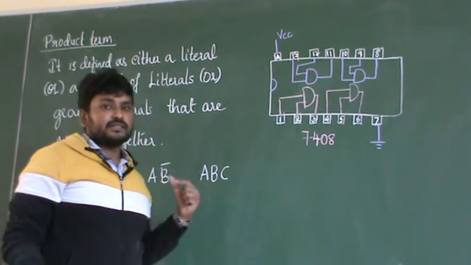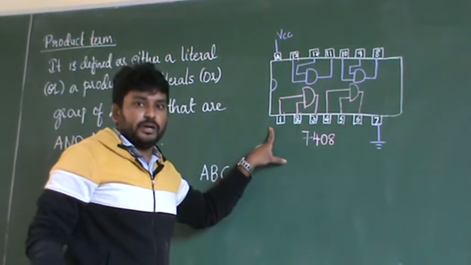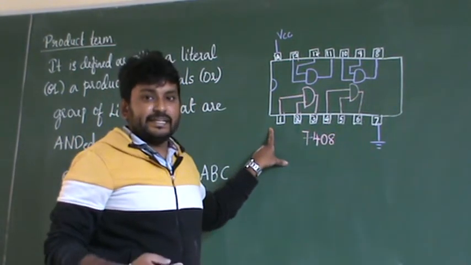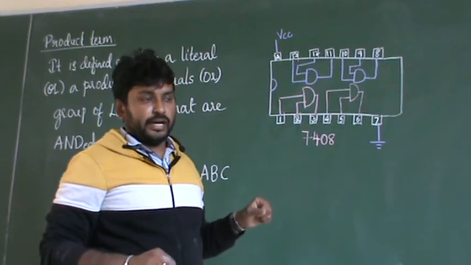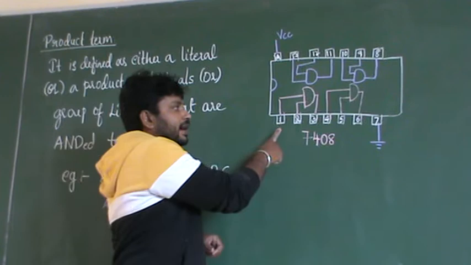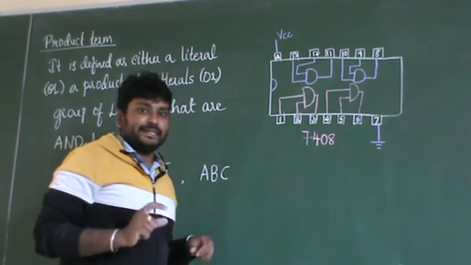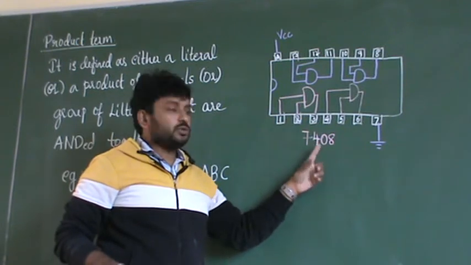So now we were discussing AND. Again I have written it because many of you may not have understood when I wrote it in Paint. I explained the basic gates using a Paint window. So if you have not understood properly, then this is the IC. IC is nothing but an integrated circuit. The IC for the AND gate is 7408.